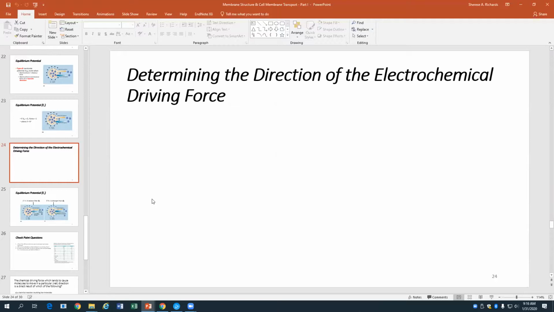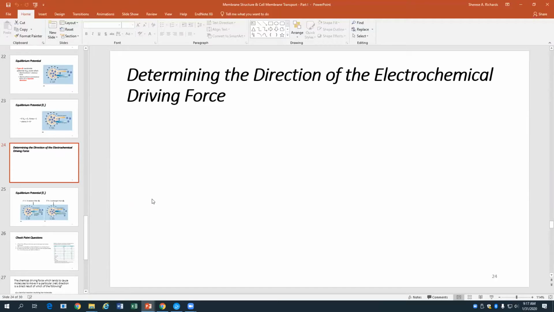So today we're going to put both of those forces together, and we're going to determine the overall direction of the electrochemical driving force. And bear in mind, this is specifically for instances where we have forces acting in different directions, okay? We talked about a really simple example.